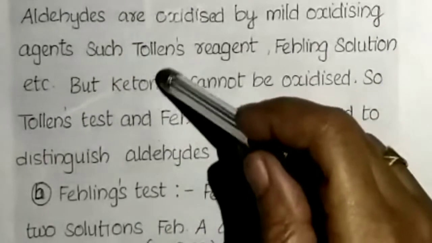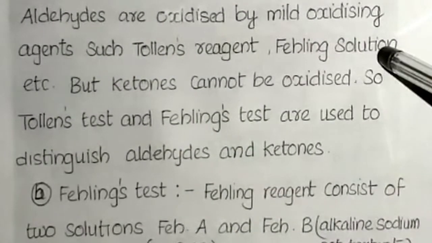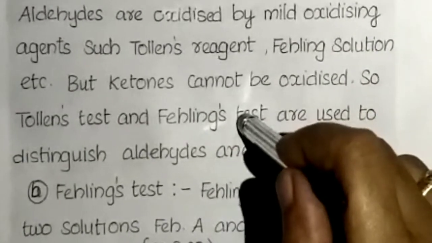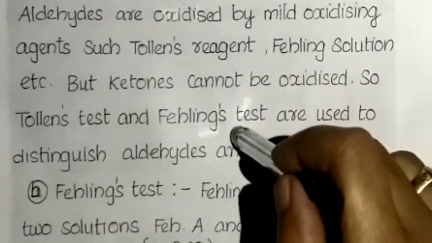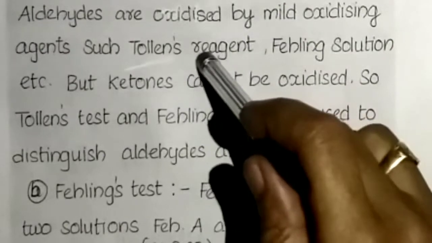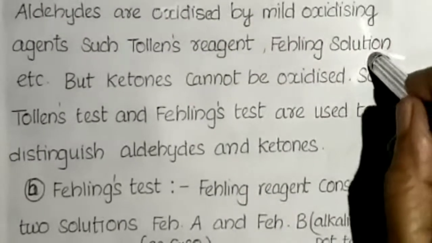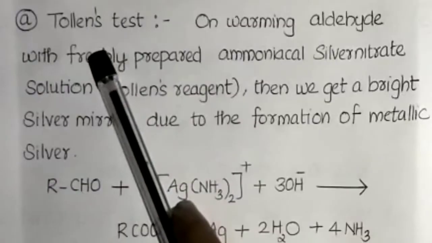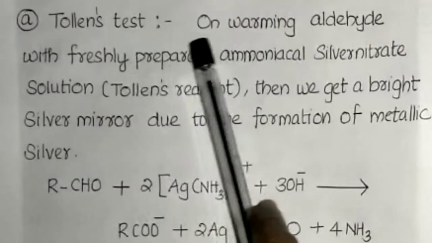So Tollens reagent and Fehling solution are used to identify aldehydes and ketones, because aldehydes give a positive test towards Tollens reagent and Fehling solution, but ketones don't. First one is the Tollens reagent test.